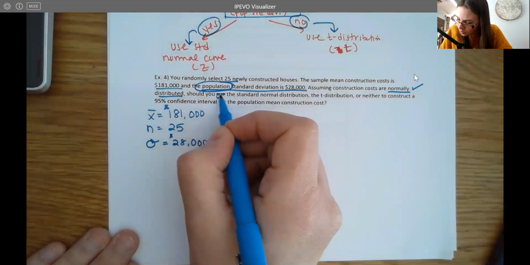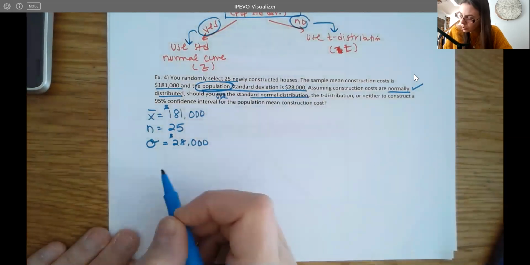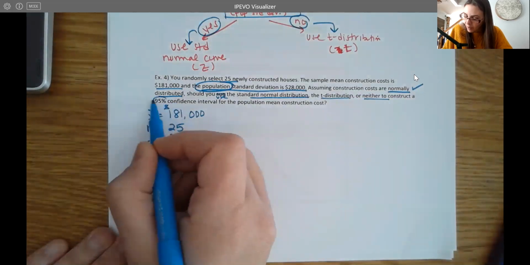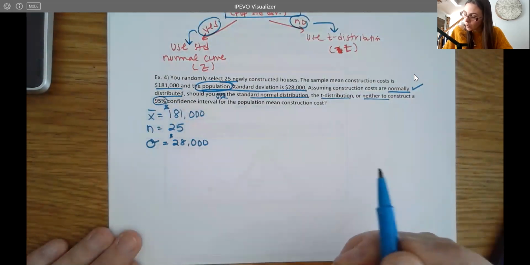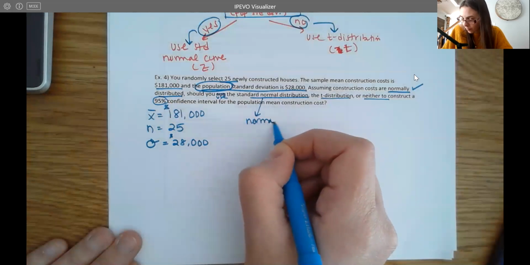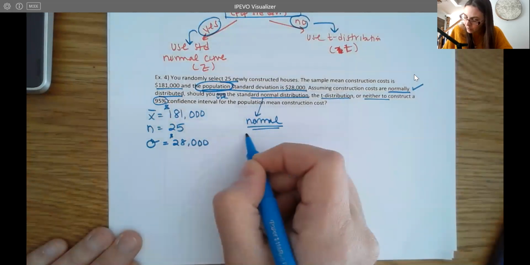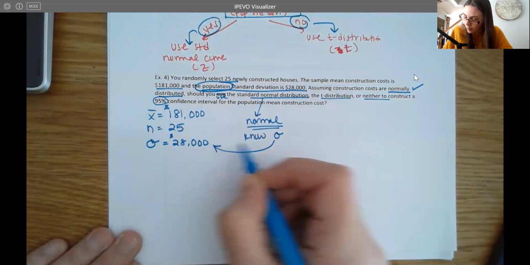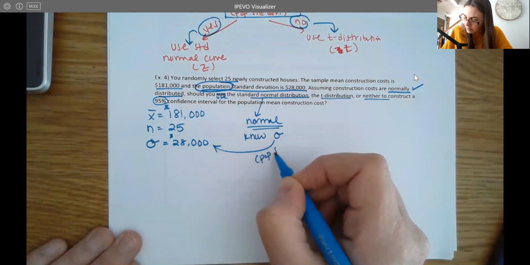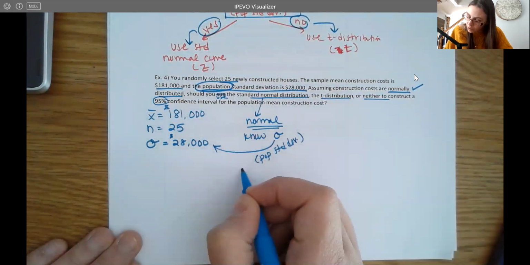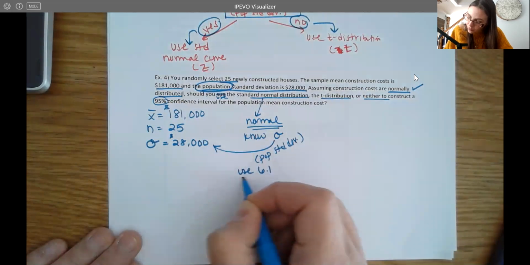So the question says: should you use the standard normal distribution, the t-distribution, or neither to construct a 95% confidence interval? The answer is that we're going to use the normal, and this is because we know sigma, right? Didn't we know the population standard deviation? So if you know sigma, you're going to use the formulas in 6.1.